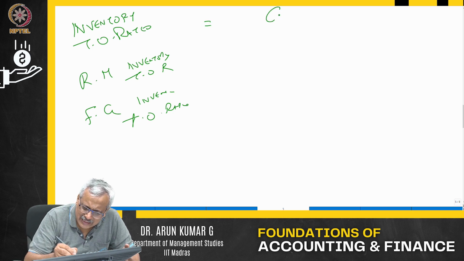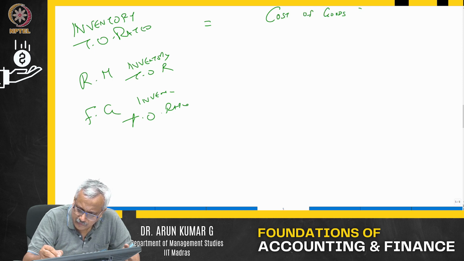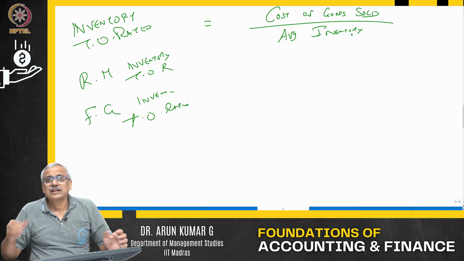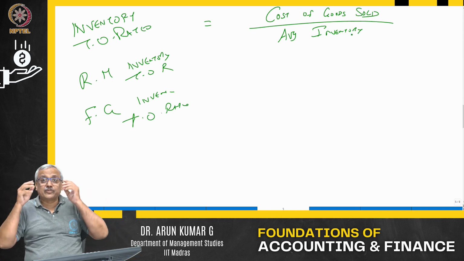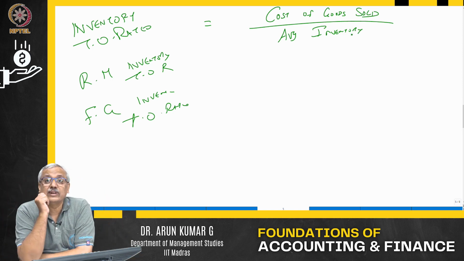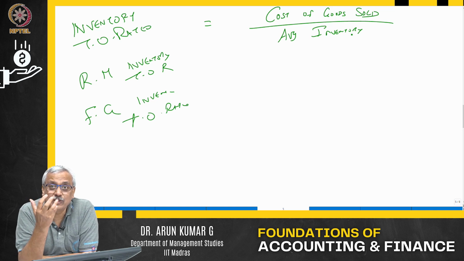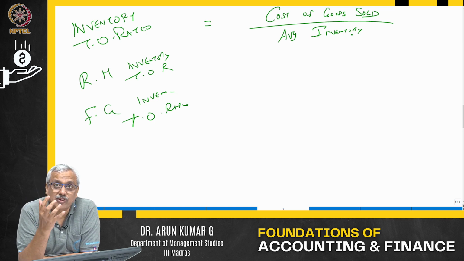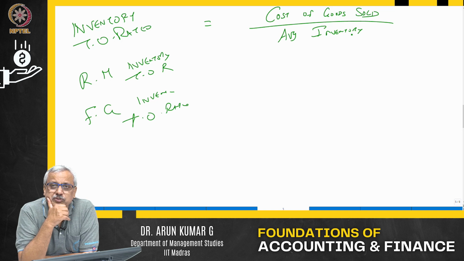My COGS, cost of goods sold, divided by my average inventory. That is, how many times is the cost of goods that you have sold equal to your inventory? How many multiples of inventory is your cost of goods sold?